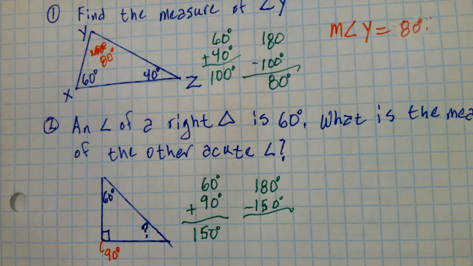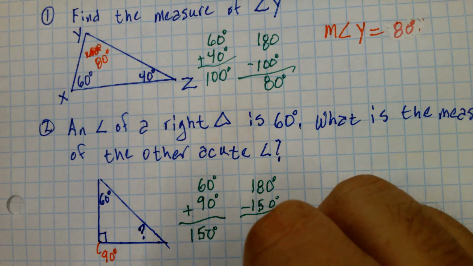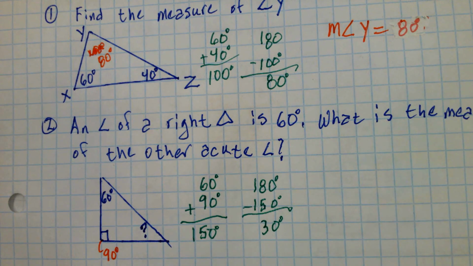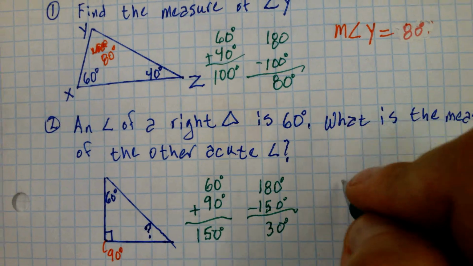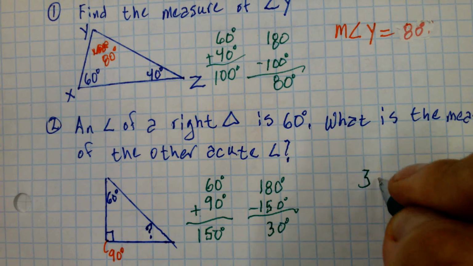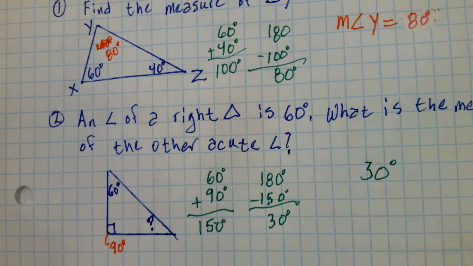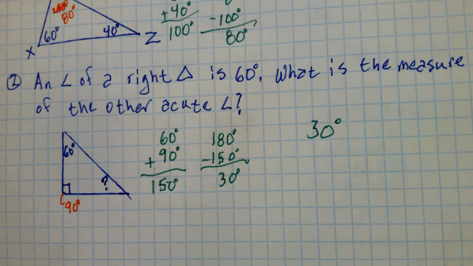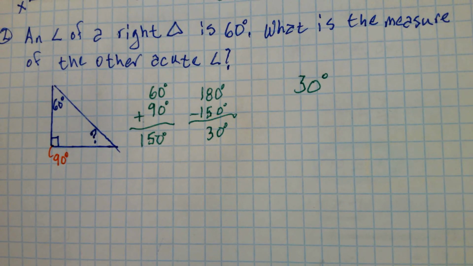And that would give us how much? 30. And that's our answer. We could just answer this. What is the measure of the other acute angle? 30 degrees. Okay. There we are. Okay, I'll give you a second to finish.